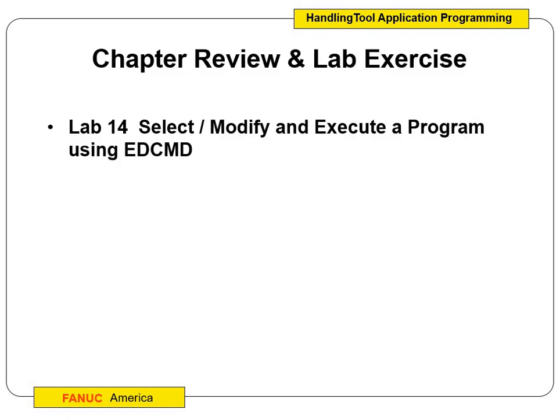Okay. So what we're going to be doing now is lab 14. In lab 14, make sure that you follow all the procedures that it tells you to do in the order it tells you to do them. Very important. Some of you have been struggling following the procedures. Make sure you're doing this one. We are going to select, modify, and execute programs using the edit commands.